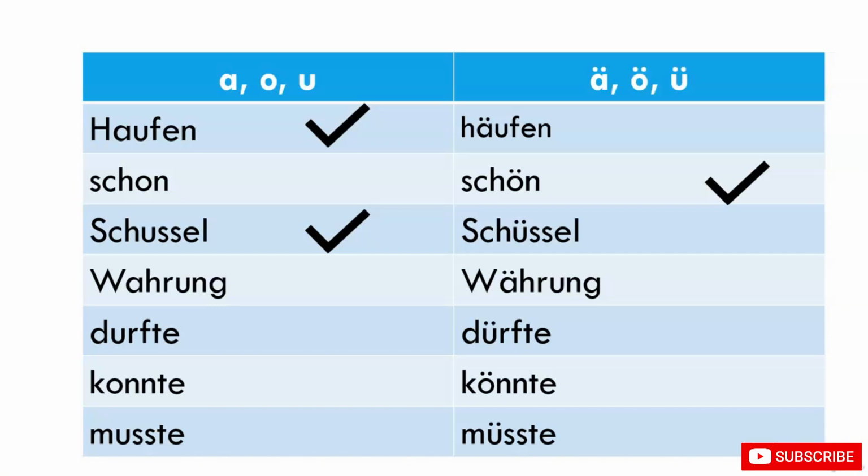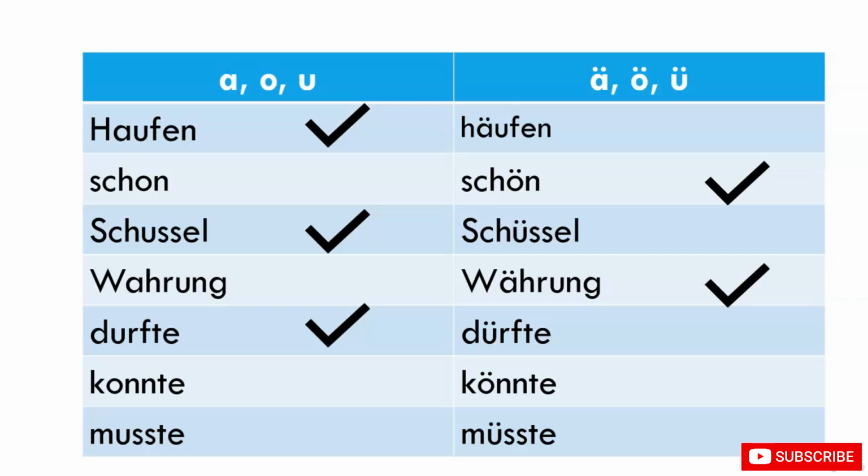Währung. And that's with the umlaut. And the last one, just those modal verbs. Which one am I using? Durfte. That was a past tense one, yeah. Konnte.